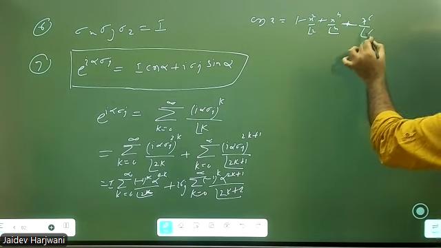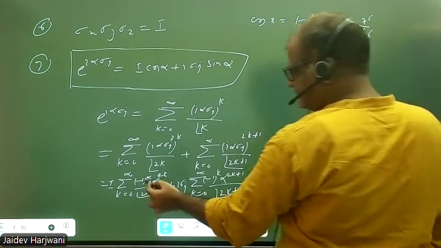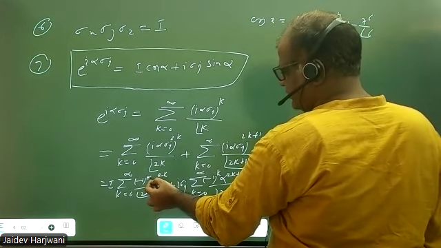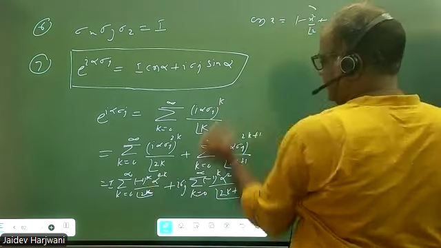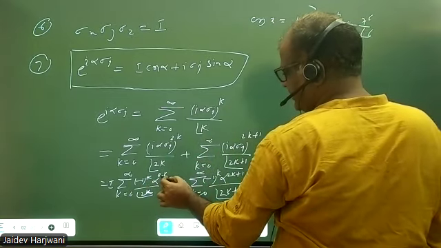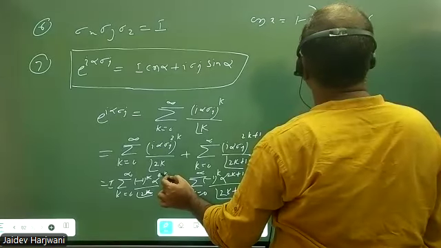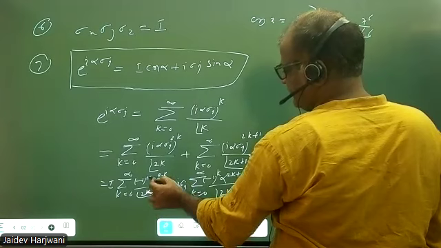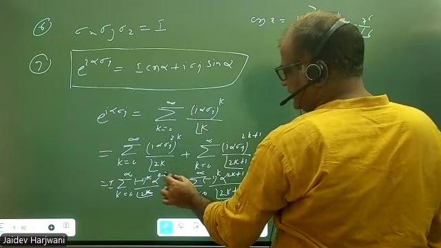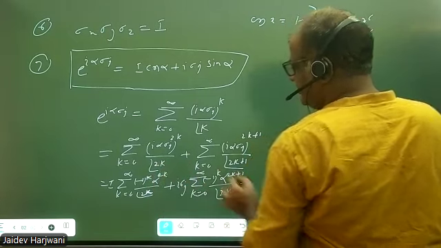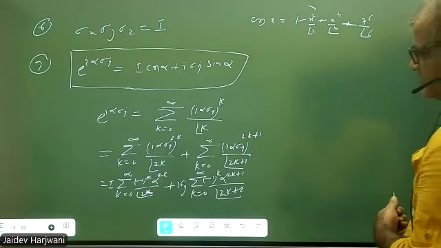If you put 0 here, you get 1. If you put 1 here, you get minus x² upon 2. If you put 2, it becomes 4 and it will be positive. If you put 3, then it will be 6, and this will be negative. So this is a cos series.